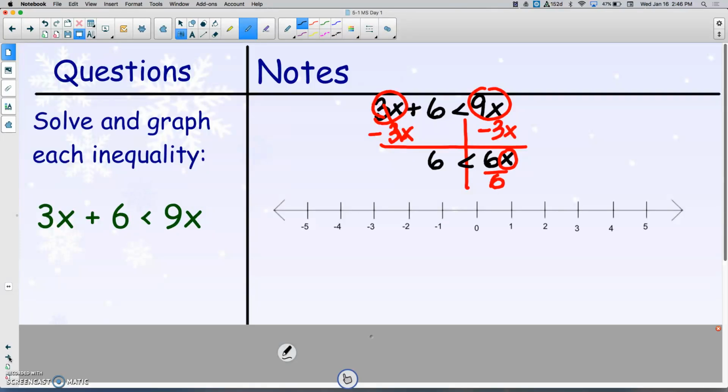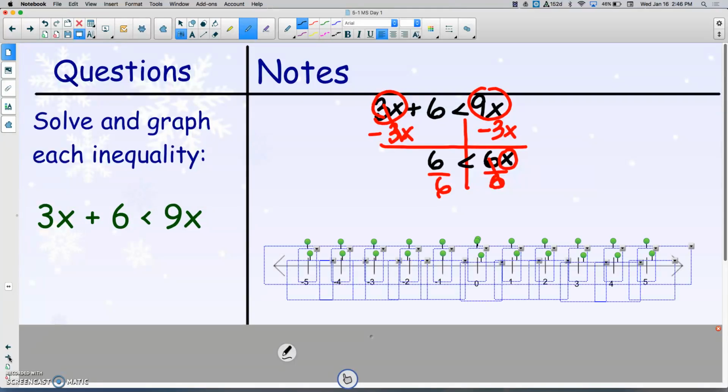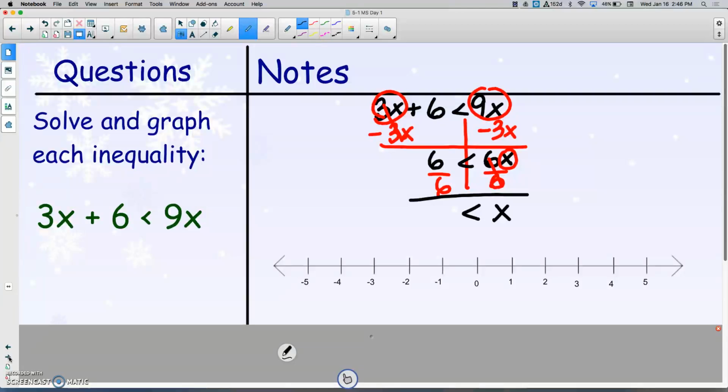So we need to divide by 6 on both sides. 6 divided by 6 is 1. And then if I flip this one around, x is greater than 1. So it's an open circle going to the right.